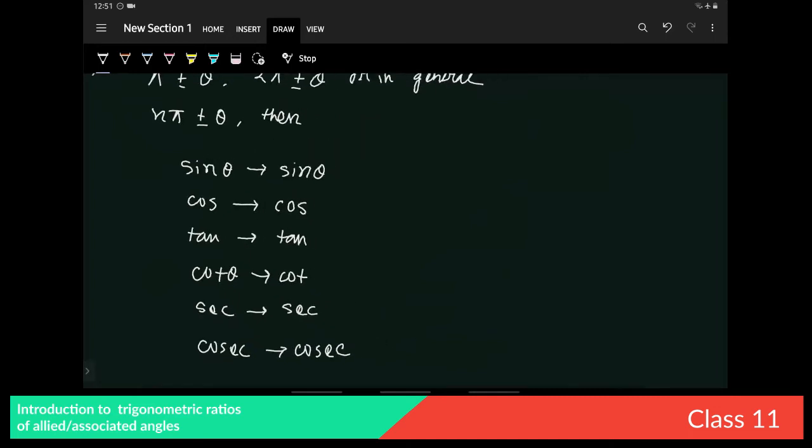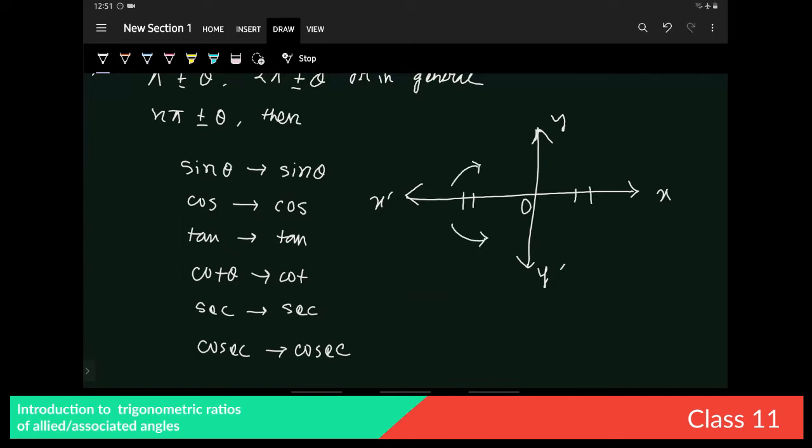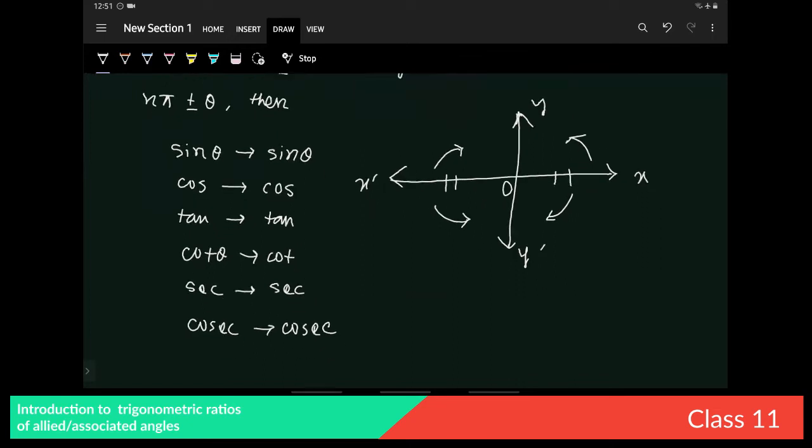So when the trigonometric ratio is associated with a horizontal line, that means this one. If I draw the quadrants, this is x, this is x prime, this is y, this is y prime, this is the origin. So if a trigonometric ratio is associated with this line, that means 180 degree minus theta, or 180 degree plus theta, or 360 minus theta, or 360 plus theta, then these trigonometric ratios will not change.